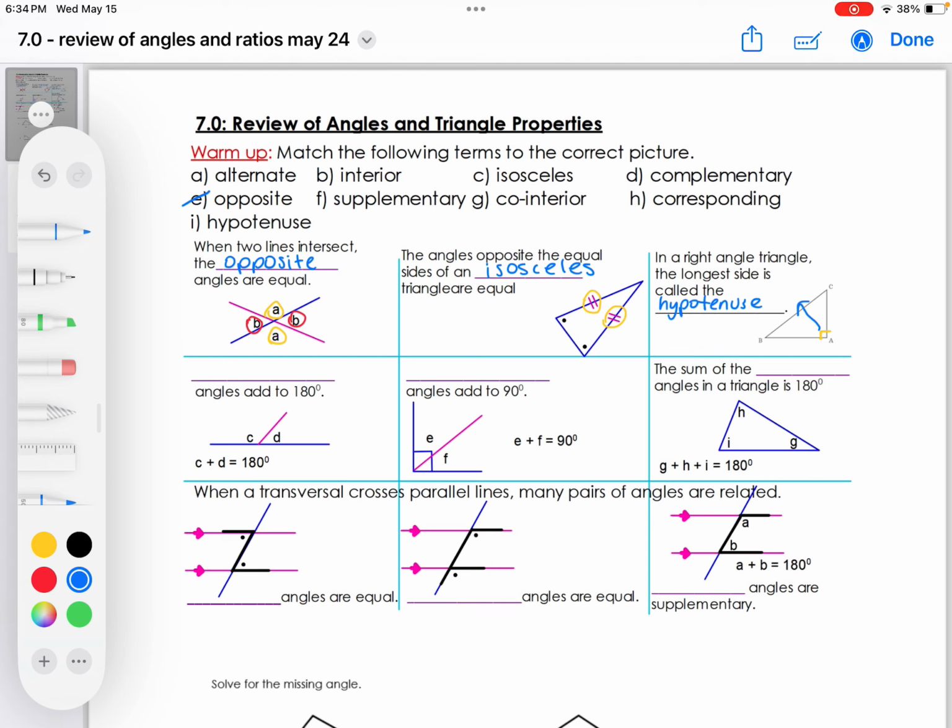So when you have a line cutting a straight line like that, then C plus D are going to be equal to 180. So when you have a straight line, sometimes we draw something like this. This is an 180-degree angle. So then the two angles formed inside are called supplementary. And they would add up to 180.